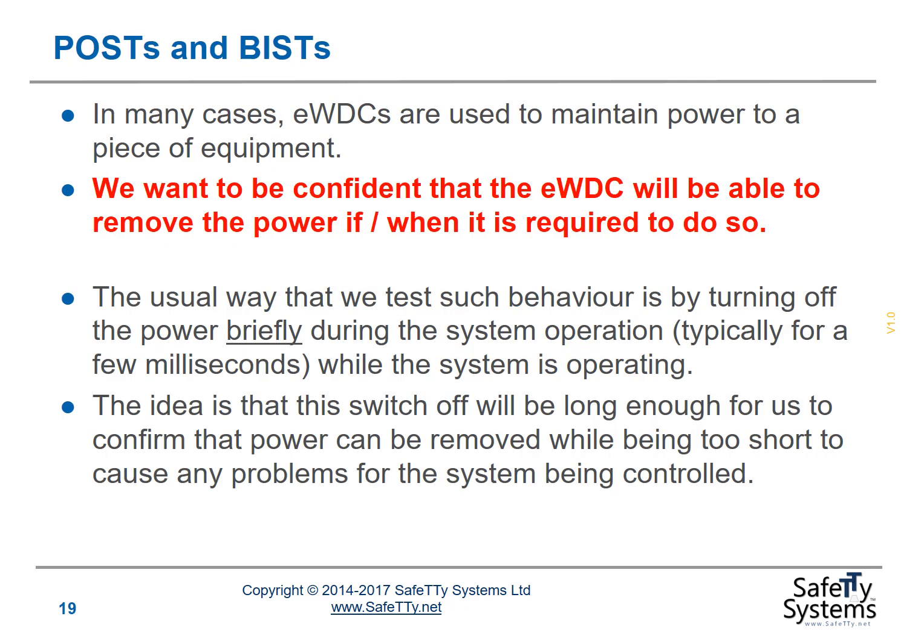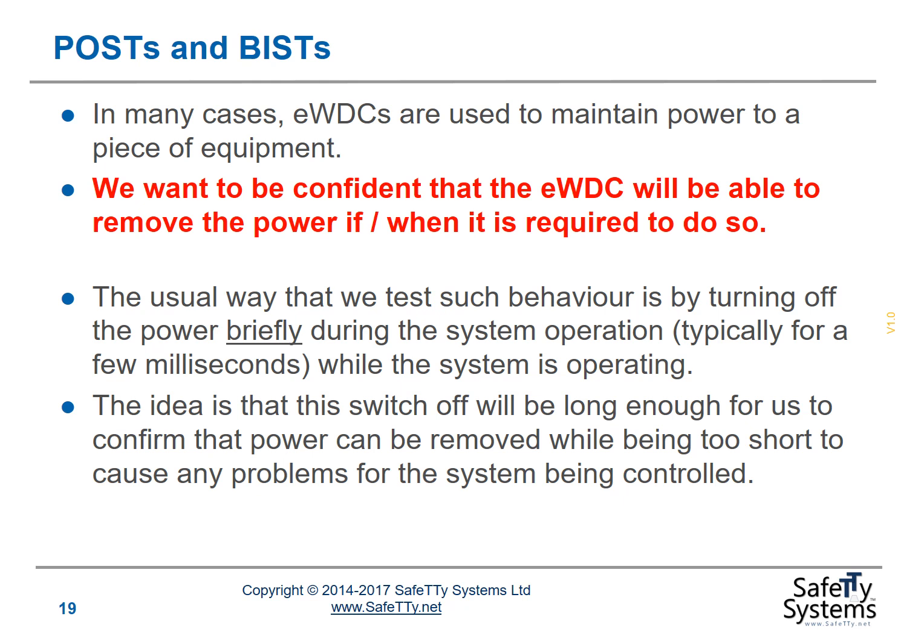Any components we use in the system need to be subject to POSTs and BISTs. So in many cases EWDCs are used to maintain power to a piece of equipment. We want to be confident that the EWDC will be able to remove the power when it's required to do so.